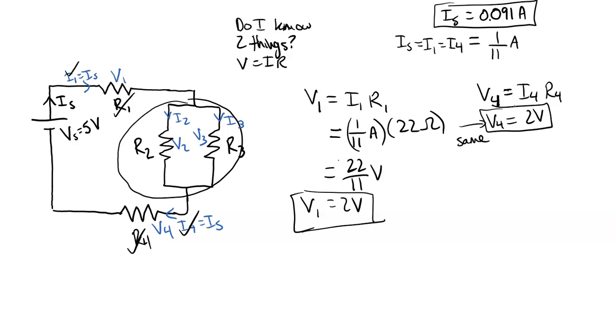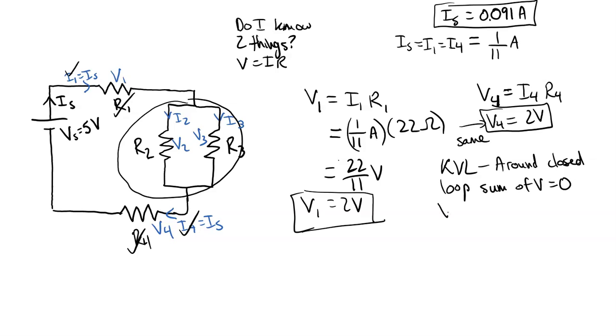Now, here's where we can solve for the voltage and then determine the current if we didn't know that it's split in half. We know that the voltage around any closed loop must be 0. Kirchhoff's voltage law says around any closed loop, the sum of the voltages equals 0.